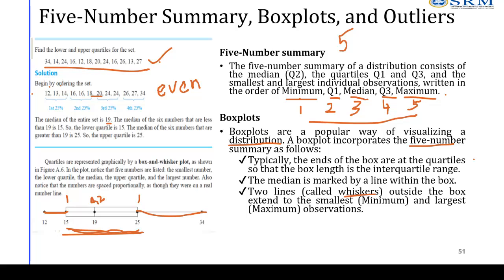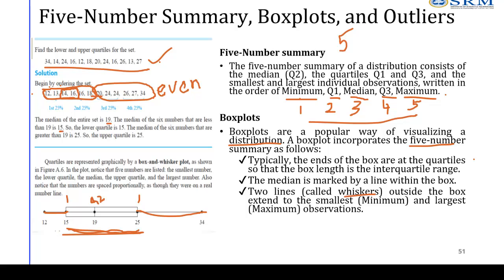So what happens for the first set? This will be considered the first set, and this will be considered the second set. For this set, what will be the median? You have 6 observations, again even. So 14 and 16 will be the median: 14 plus 16 divided by 2 is 15 for the first set.